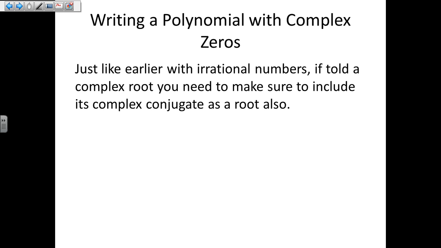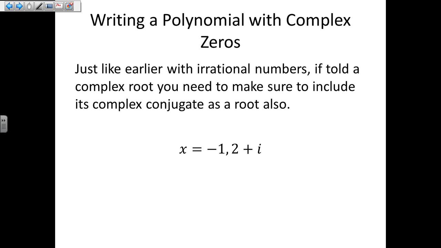Now, if we want to write a polynomial with complex zeros, just like earlier, we need to remember that complex roots or complex zeros occur in pairs. So you need to know to add the complex conjugate to our list of zeros or roots.